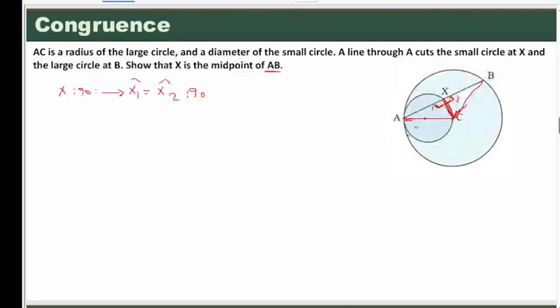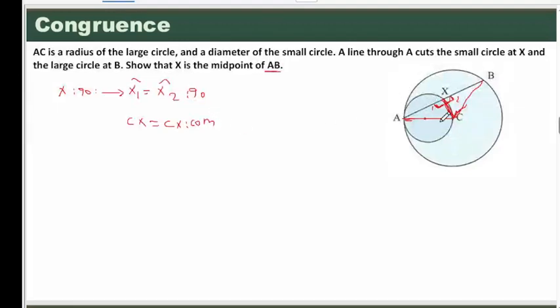And CX equals CX, a common line, so I write common.